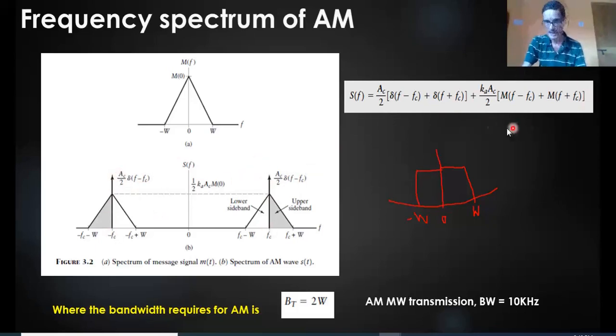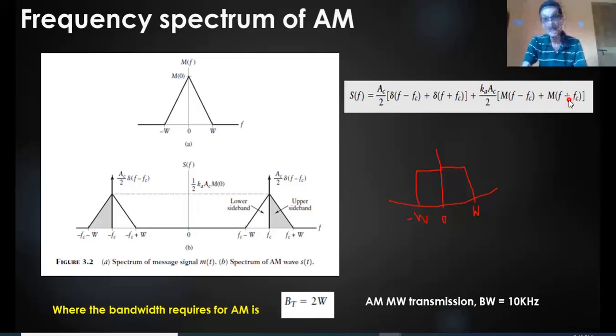Now the second part has an amplitude of Ka Ac by 2: M of f minus fc plus M of f plus fc. That means this entire spectrum M of f is shifted by minus fc and plus fc. Minus fc this side, plus fc this side.